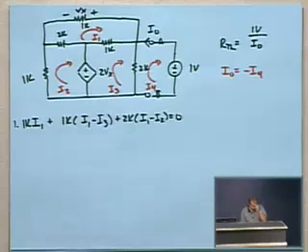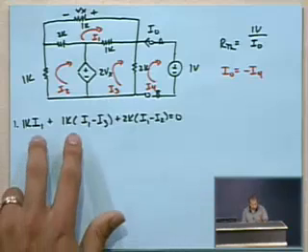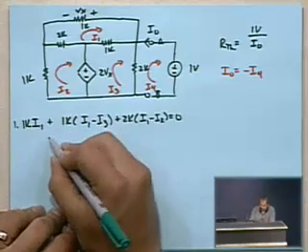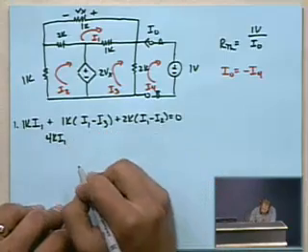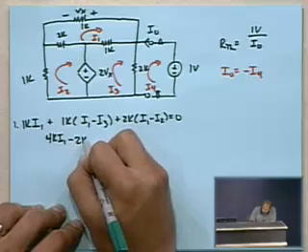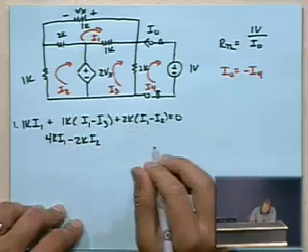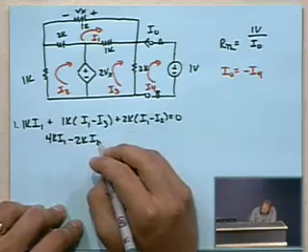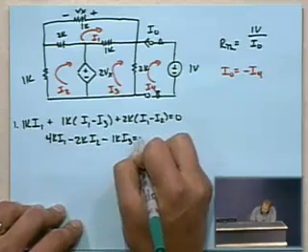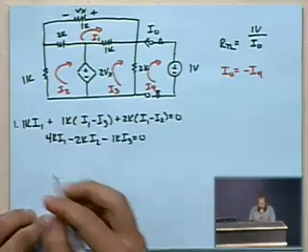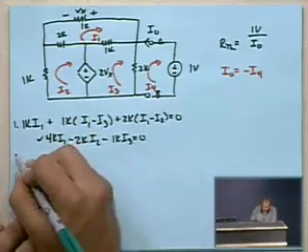Simplify that one. We get 4K I1 minus 2K I2 minus 1K I3 equals 0. That's one that we'll need.